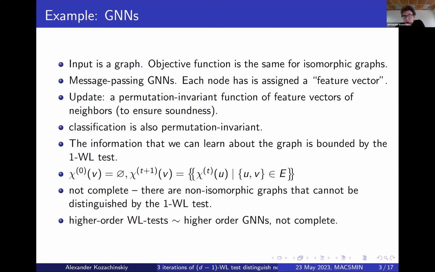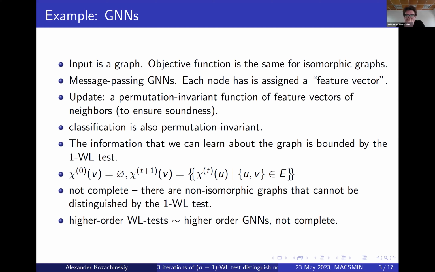And so what is this guy? This Weisfeiler Lehman test, given a graph, produces a sequence of labels, right? So chi 0, then there will be chi 1, chi 2, chi 3, and so on. There will be some functions that, given a node, output something.